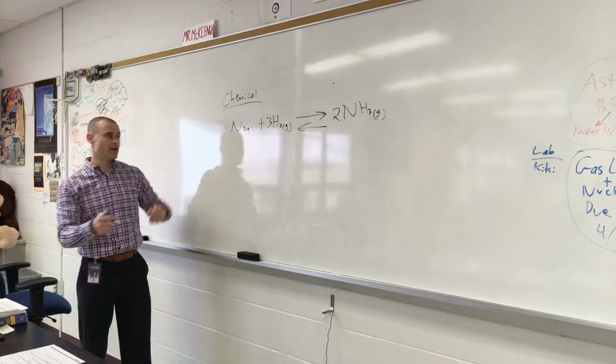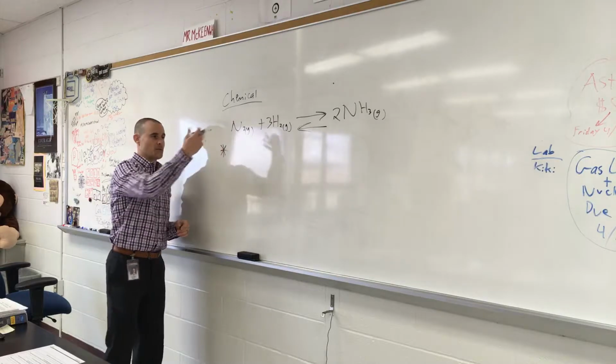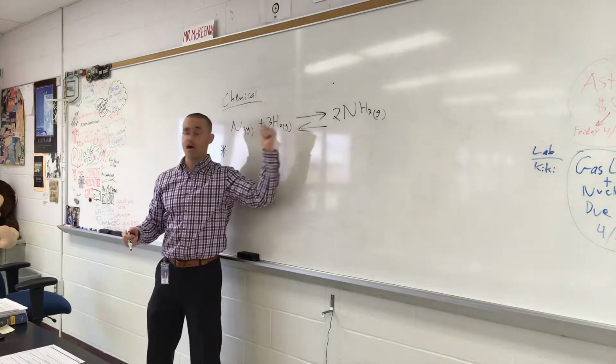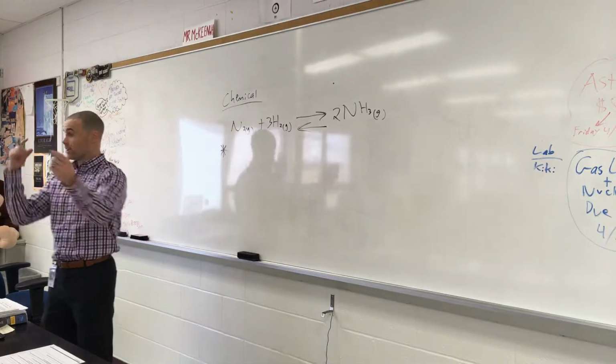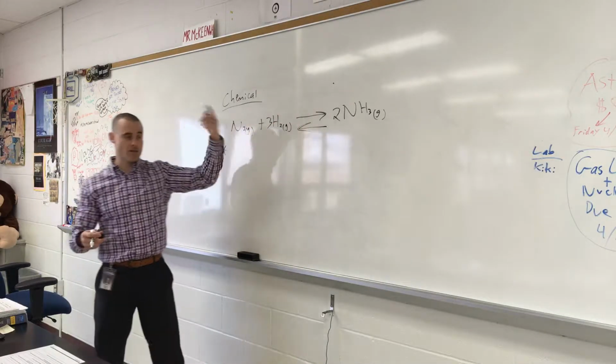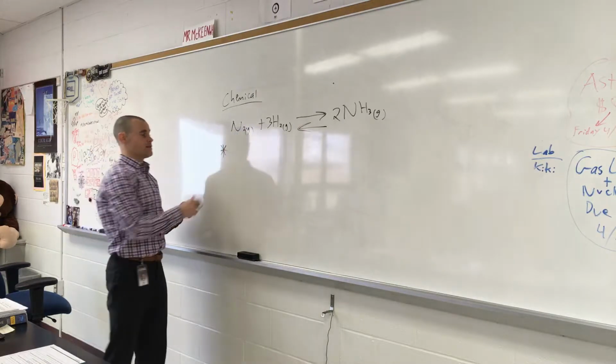But the key here is we have to make sure we can really explain it the correct way. I don't want you just saying the forward and reverse are happening at the same time. That's great, again, the revolving door. Imagine this is your revolving door. But the way I want you to word it is like this.